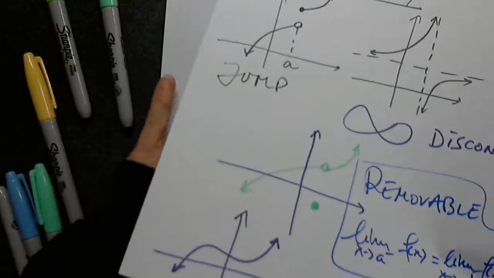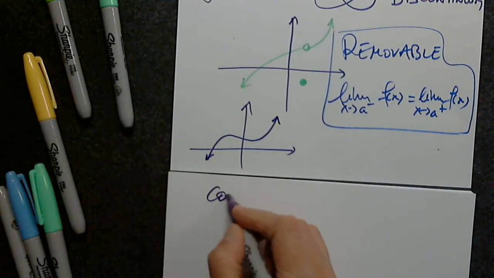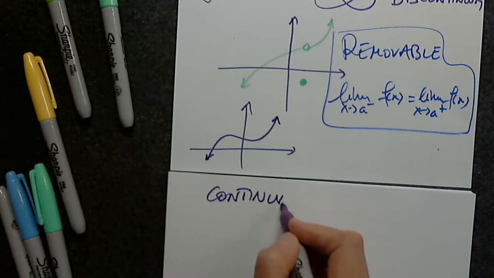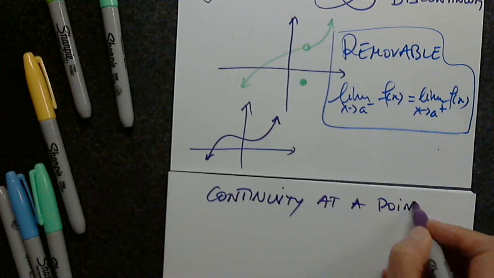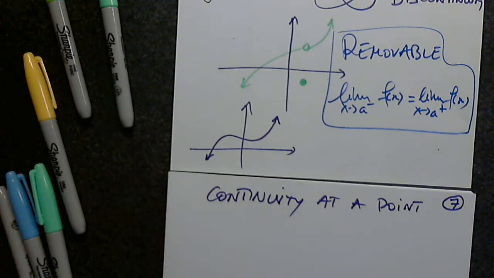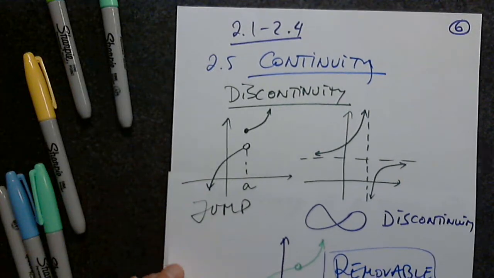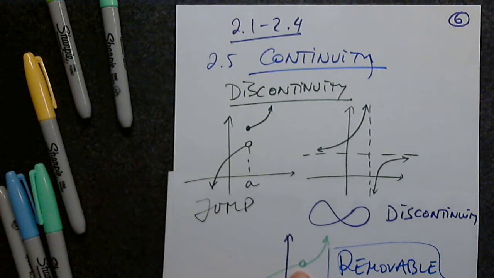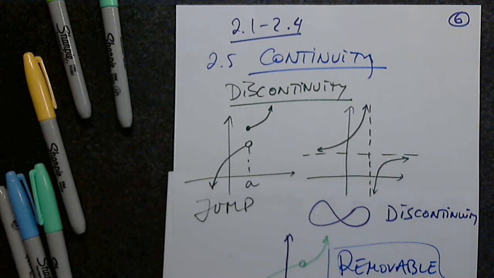So then, the next step I would like to write is continuity at a point. So a function is continuous at a point. Let's come back to the removable for a second. So the function will be continuous at this point if the limit from the left and the limit from the right, and what else has to be the same?